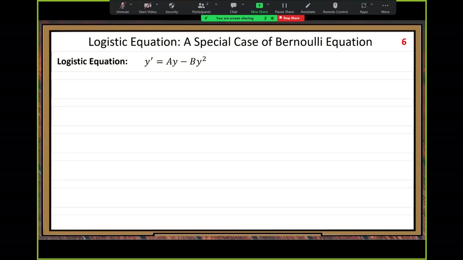So he called it the logistic equation. First, this one is not a linear first order equation, because of y squared. But it's a Bernoulli equation with a equals 2, so we can do some substitution to make it a linear first order equation, so we can apply the formula.